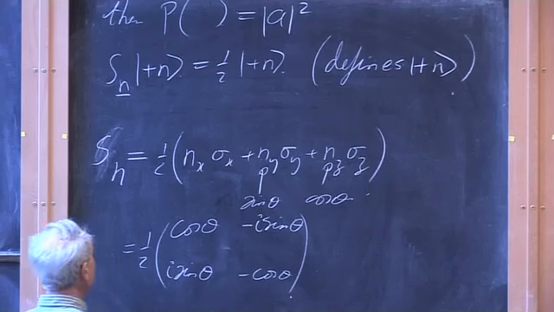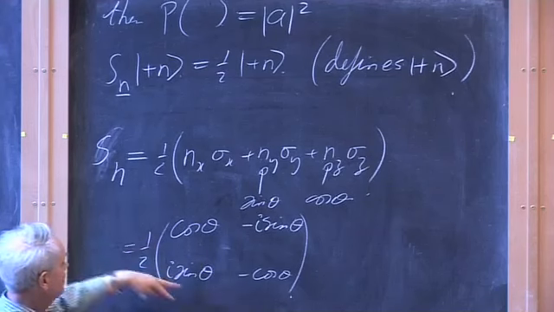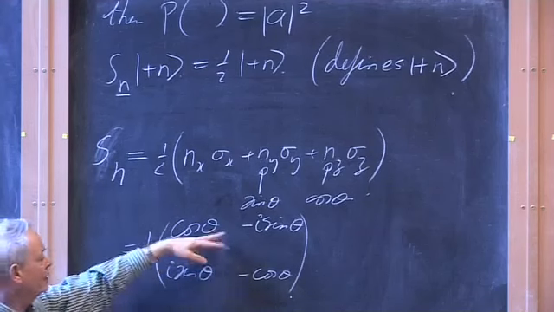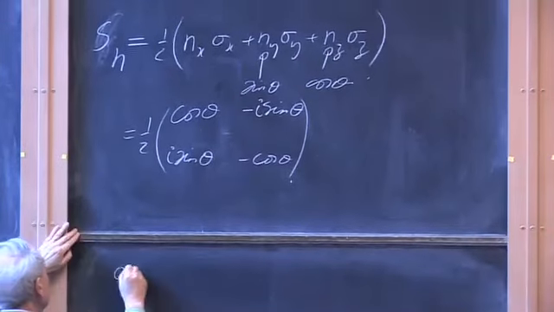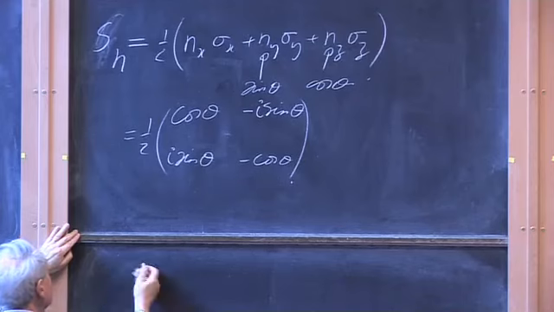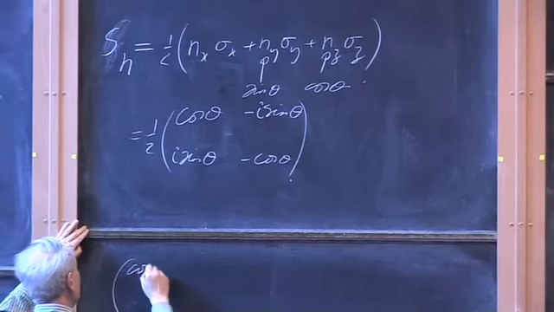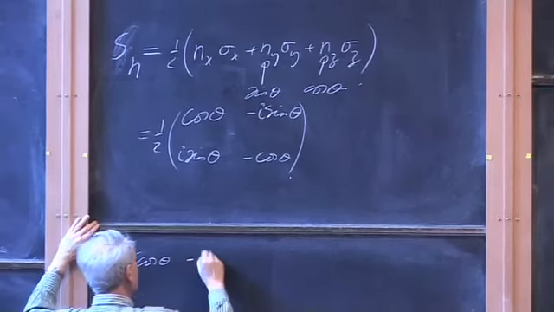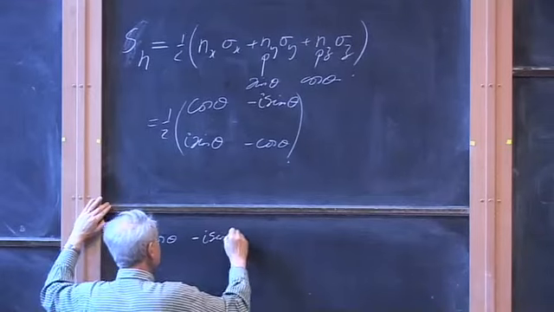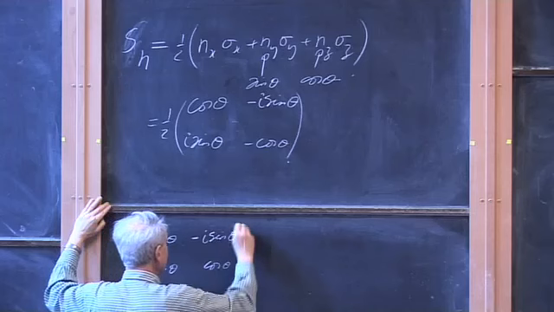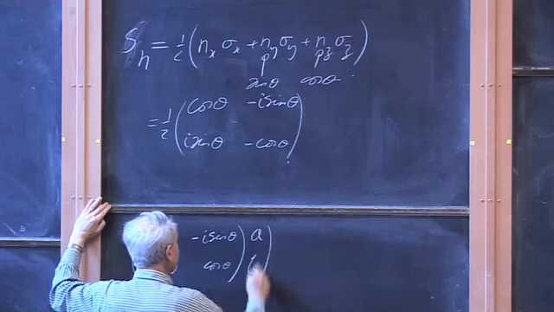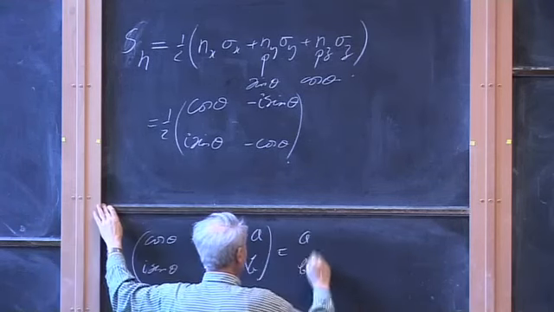So this is the matrix that represents Sn, where theta is defining the direction of n. And now all we have to do is say that this matrix, cos theta, minus I sine theta, I sine theta, cos theta, acting on A, B is equal to A, B.